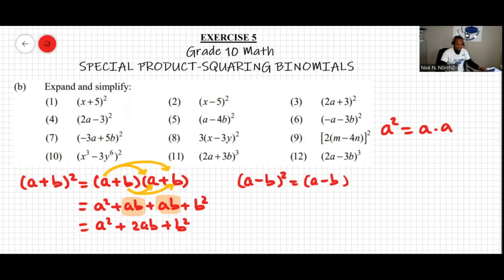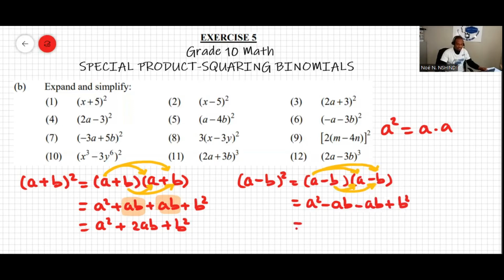This will be a minus b times a minus b also, and then this will be a times a, a times negative b, negative b times a, negative b times negative b. So a times a makes a squared, a times negative b makes negative ab, negative b times a will be negative ba, I prefer to write negative ab, and then negative b times negative b makes positive b squared.